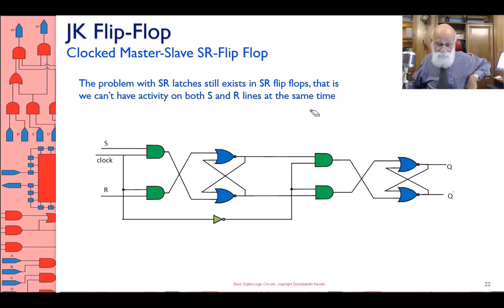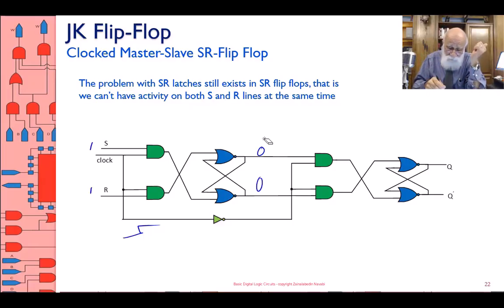So what happens is, for example, if S and R become one simultaneously and clock becomes one, then these two become the same, and clock becomes zero. These two, the output propagates, and then the simultaneous S and R have caused the loss of memory.